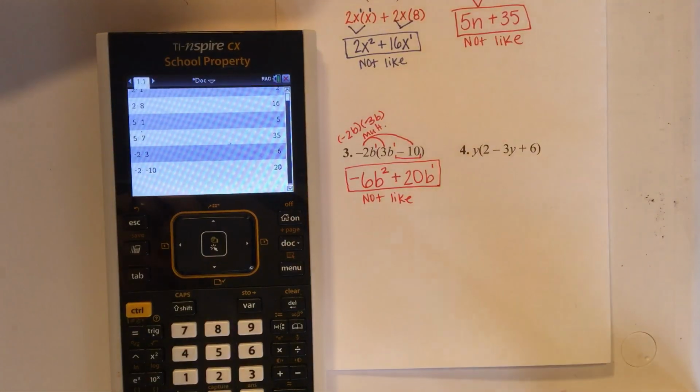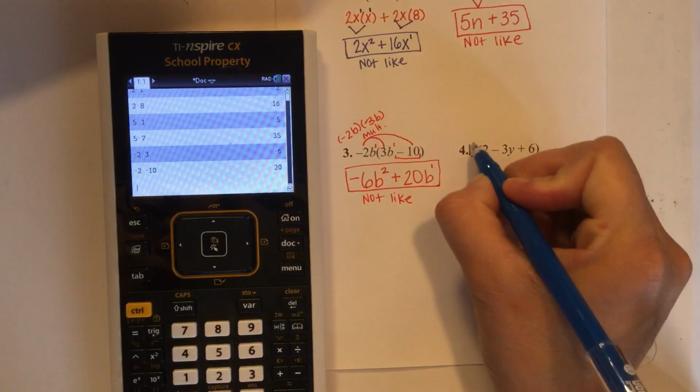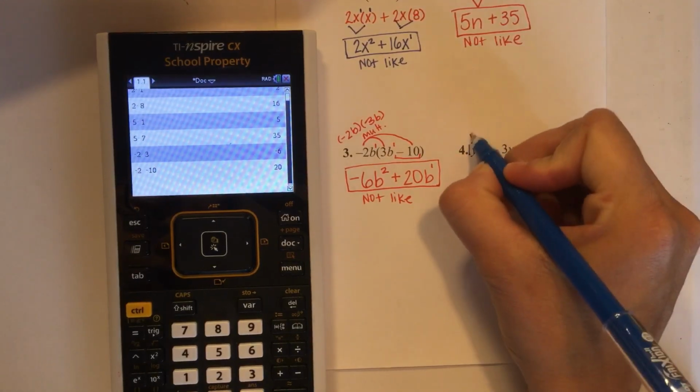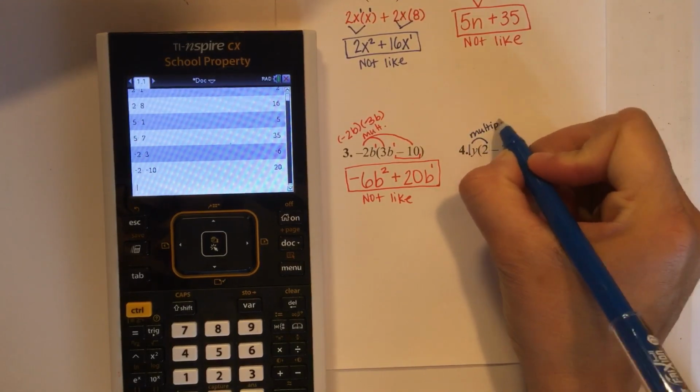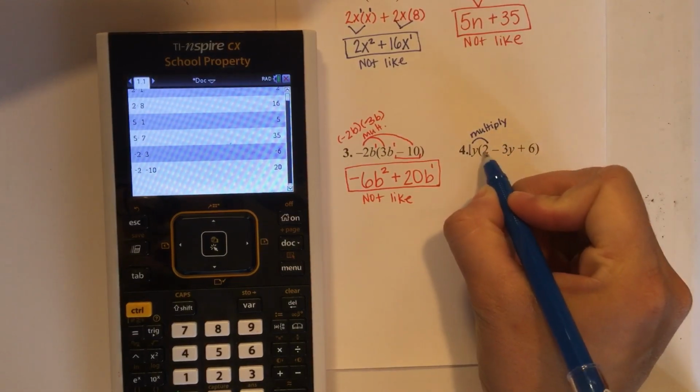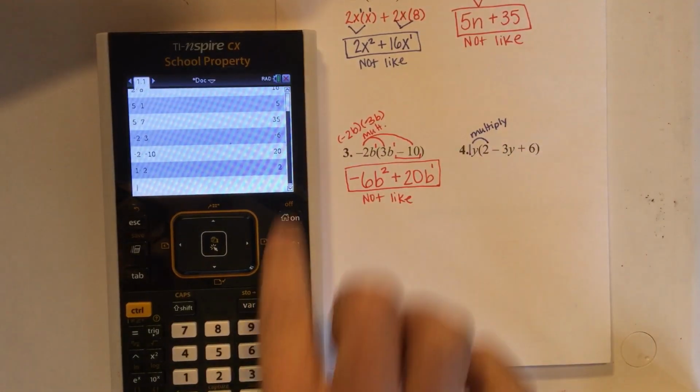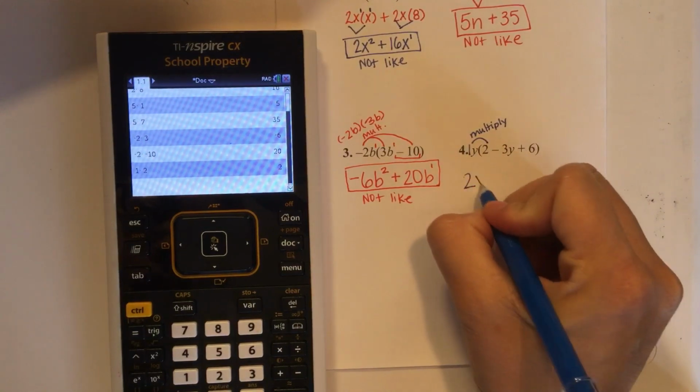Number 4. Now on number 4, we're going to take 1y and we're going to multiply it with 2. So 1 times 2 is 2, so 2y.